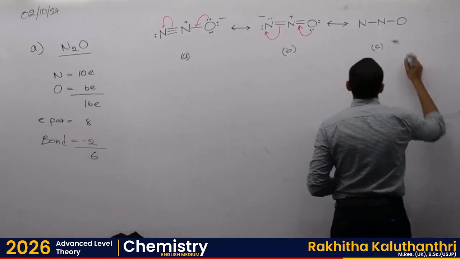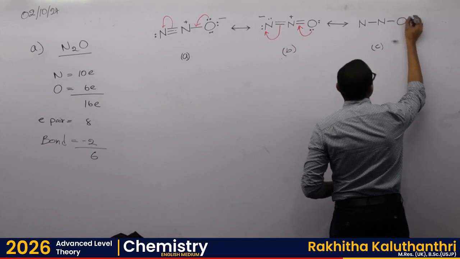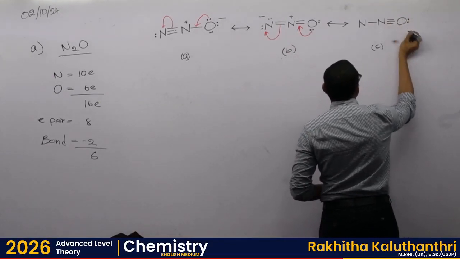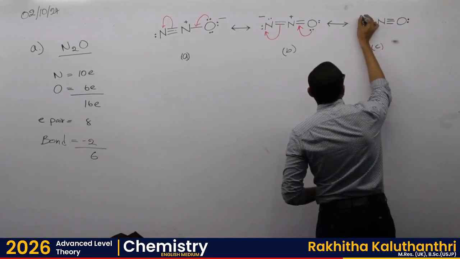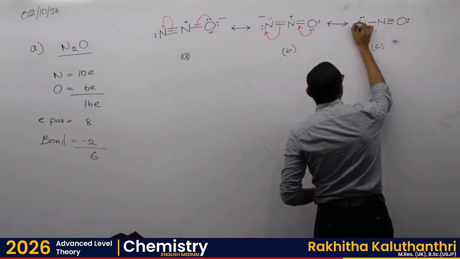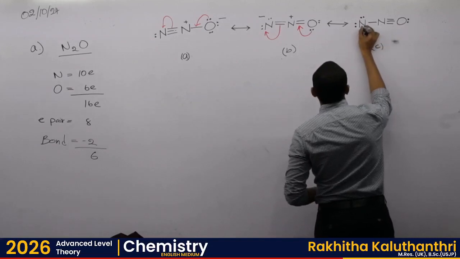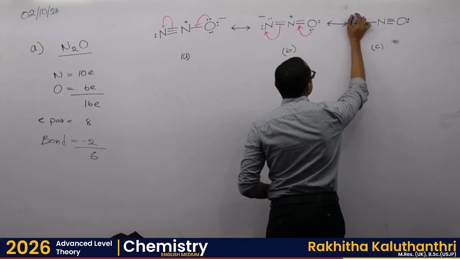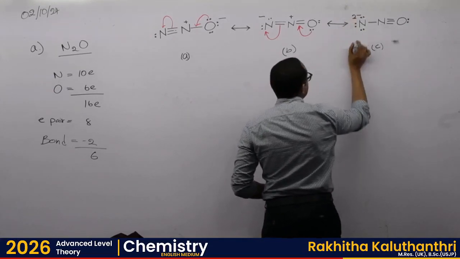So when you do that, you have one lone pair on oxygen. There will be a triple bond between nitrogen and oxygen, and nitrogen has only one single bond. And nitrogen would have 2 negative charges.